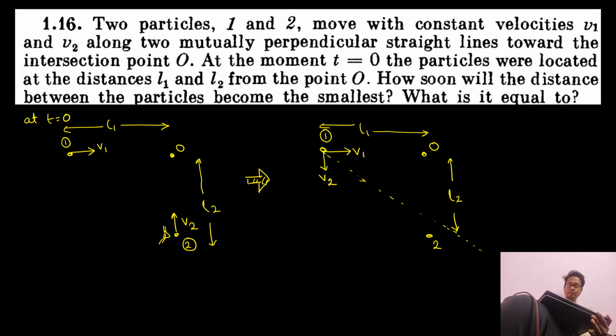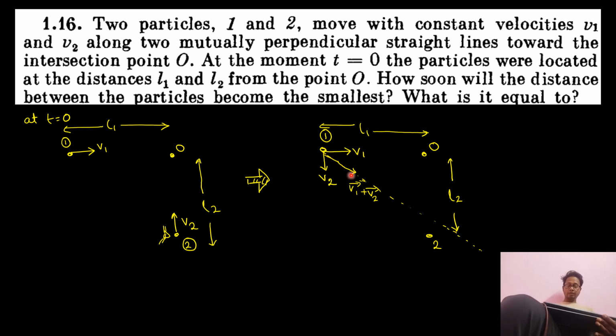Or a line along the vector v1 plus v2. Depending upon the magnitude of v1 and v2, this line might coincide at 2, might be greater than 2, but the approach will be the same. What is the approach here?